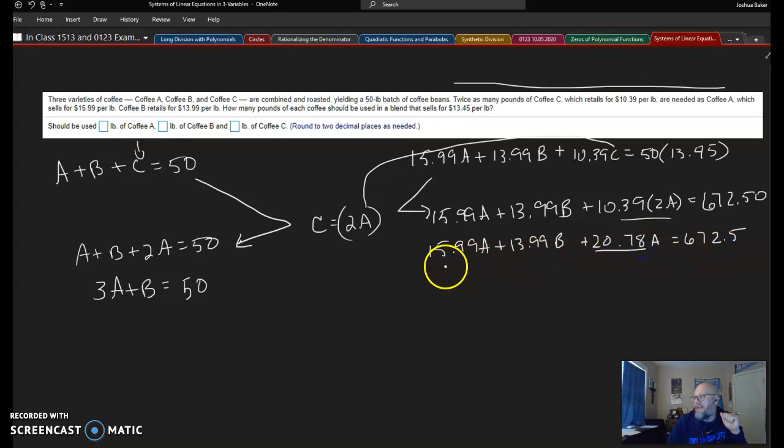And then if I combine these two terms, adding those two terms together, I'm going to get a total of 36.77A plus 13.99B equals 672.5.